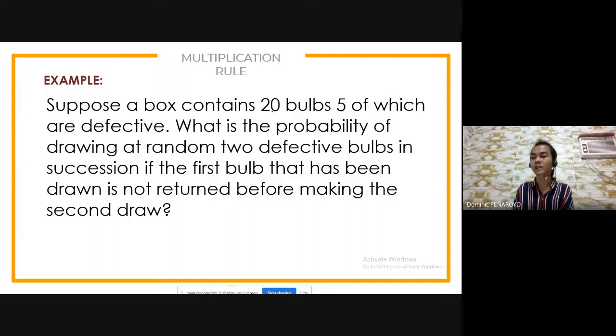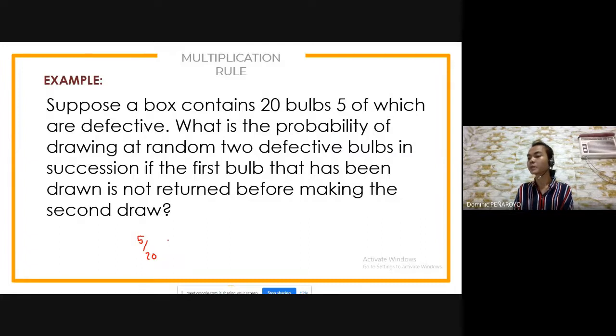Okay, so we have here on the first draw 5 over 20 as the first probability. Sa first nating bunot, ang probability na makakuha tayo ng defective bulb ay 5 over 20.